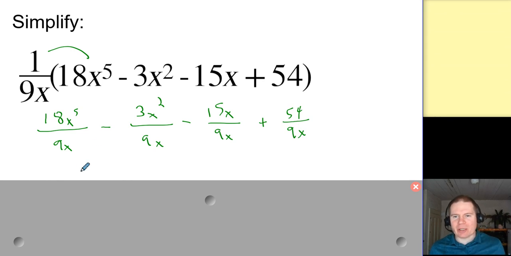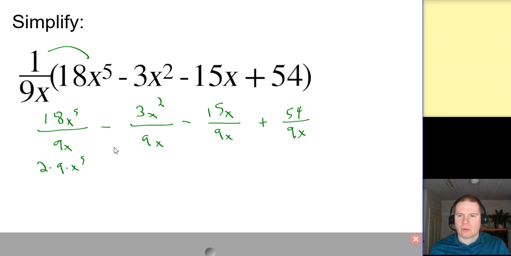And maybe it'll be nice to show the factoring here to simplify that. So 18 is 2 times 9. 2 times 9 times 5x's over 9x.